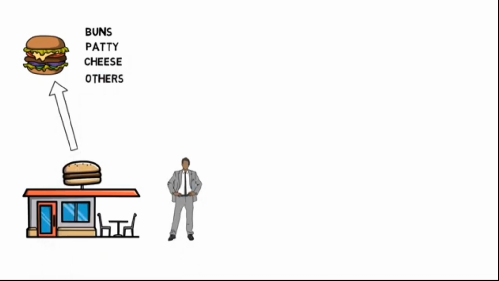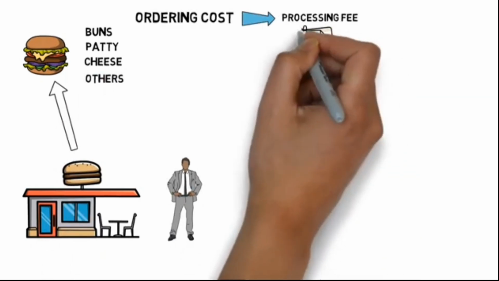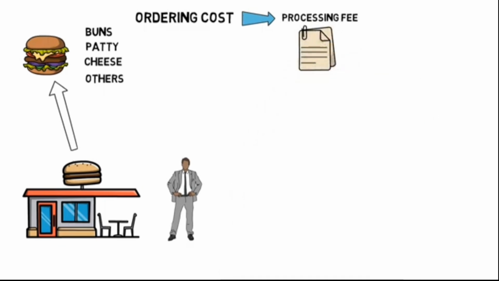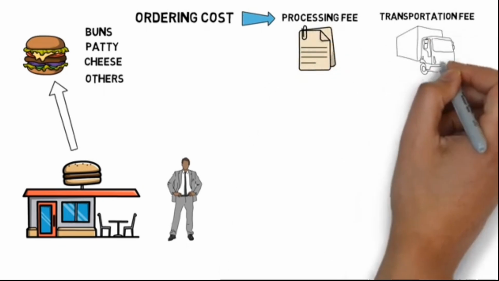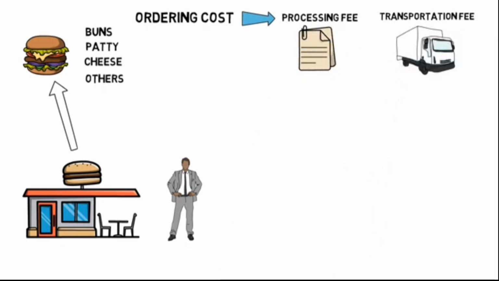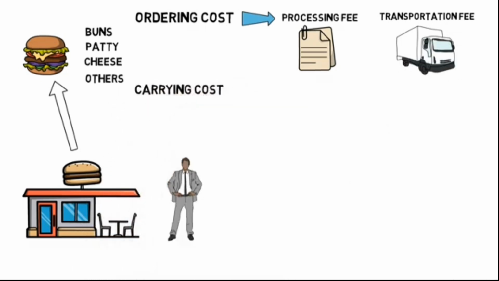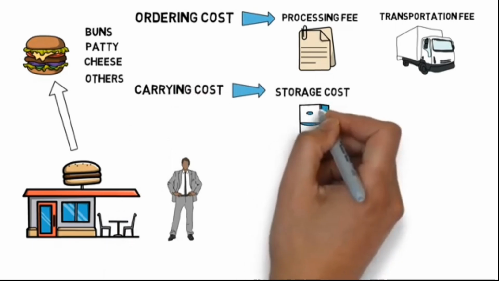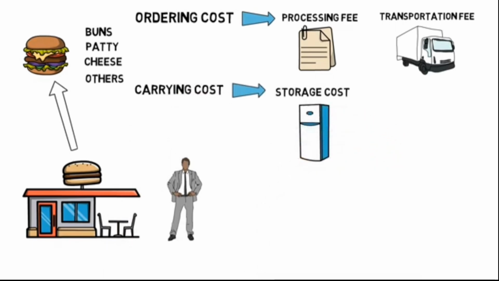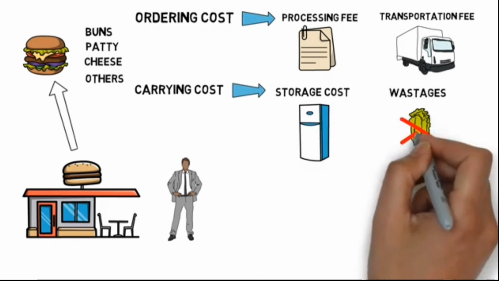When you purchase these raw materials, there is an ordering cost. It includes the processing fee and the transportation fee when delivering raw materials to your store. On the other hand, when the raw materials are delivered, carrying costs occur. It includes storage-related costs like electricity and maintenance of the freezer and the wastage of stored materials.